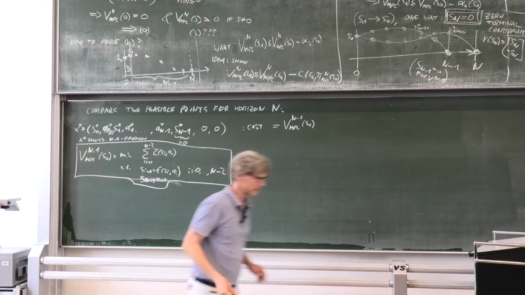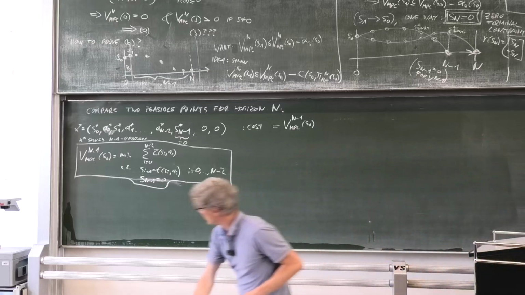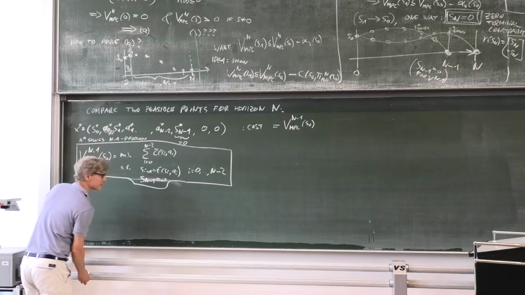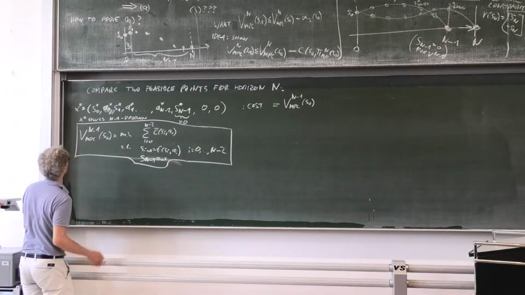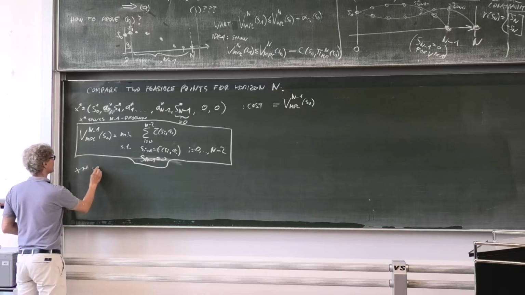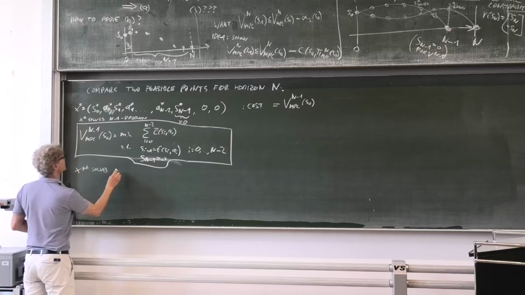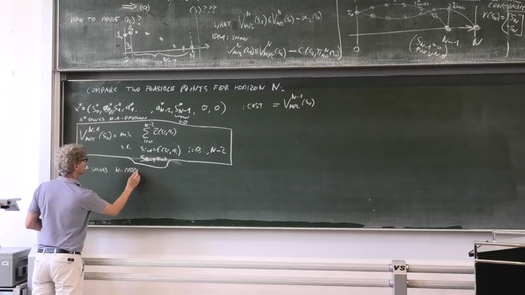I take up another chalk. And now I create another solution, just to make it absolutely explicit. x star star solves the n problem, the problem of horizon n.